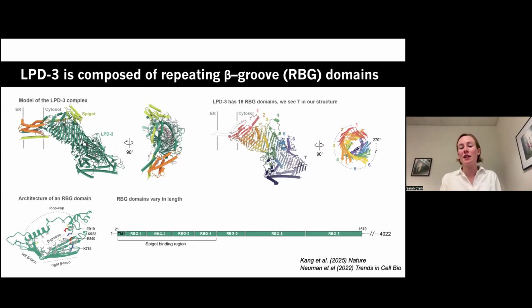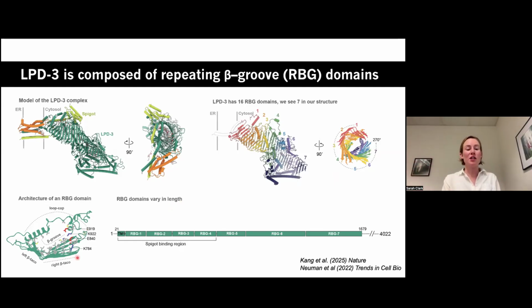And each RBG domain is rotated a little bit relative to the previous one, which is apparent when you look at it in this view here, so that there's approximately a 270-degree rotation between the first RBG domain and the 7th RBG domain in our structure. And that's why you see that spiraling architecture.